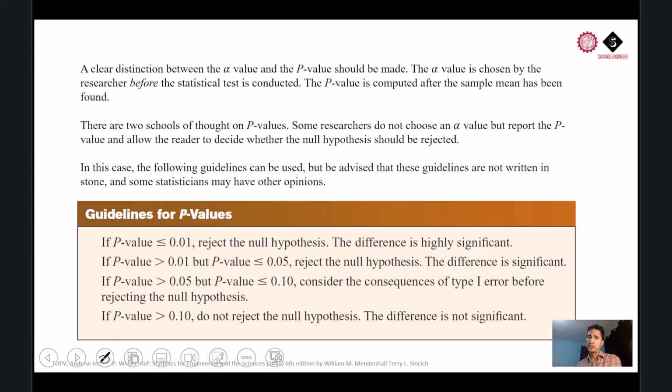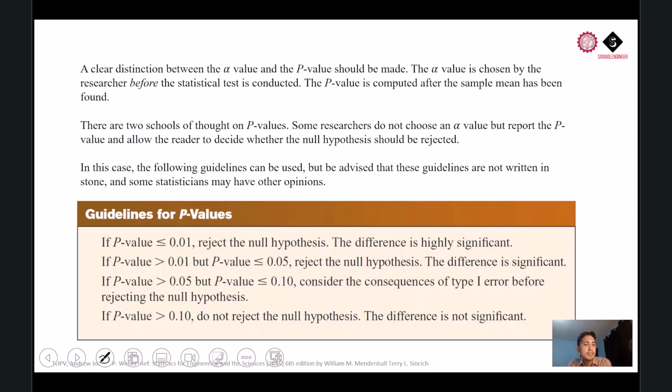Some researchers do not choose an alpha value but report the p-value and allow the reader to decide whether the null hypothesis should be rejected. In this case, the following guidelines can be used, but be advised that these guidelines are not written in stone and some statisticians may have other opinions.